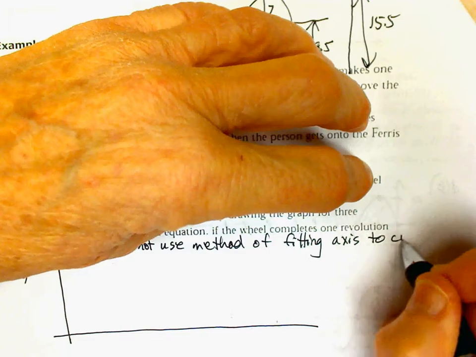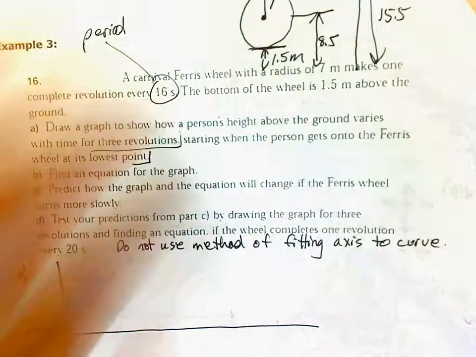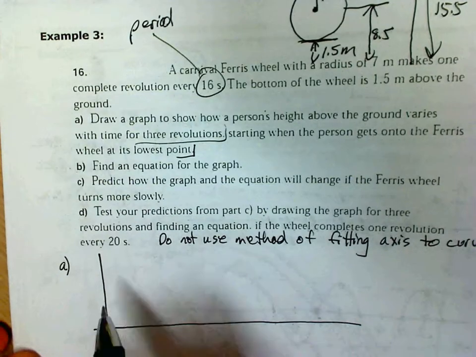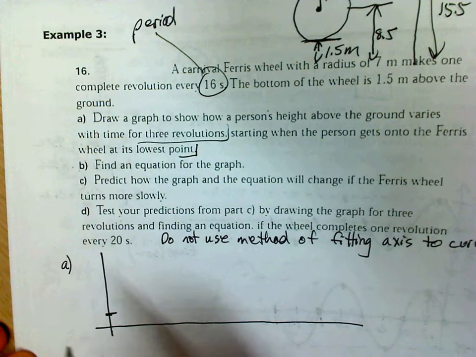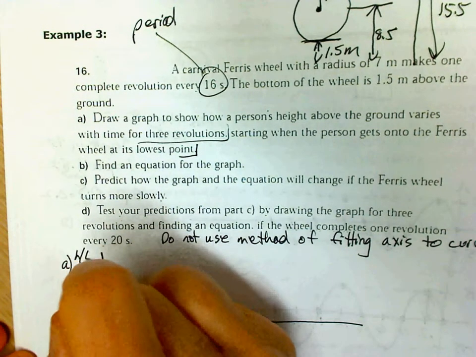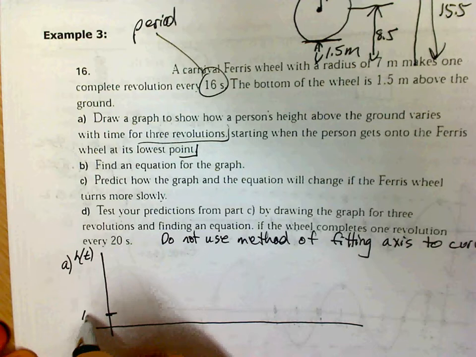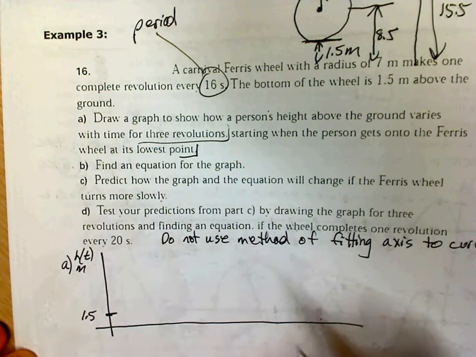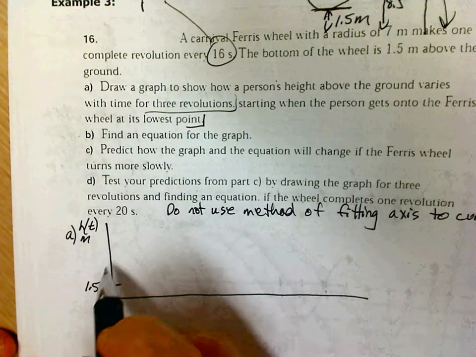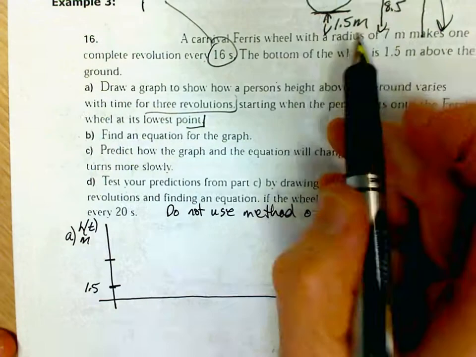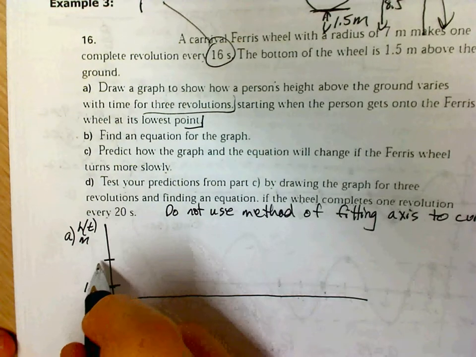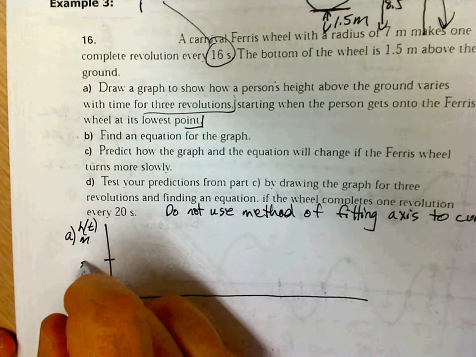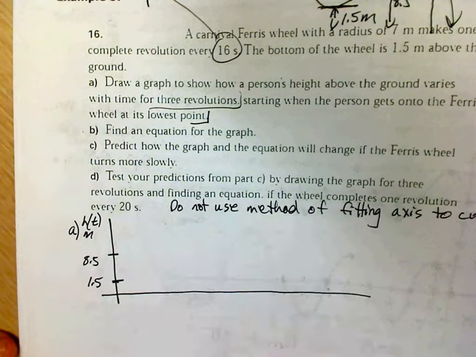So the person gets on at, this is the height with respect to time, at 1.5 meters. So it goes up, the radius is 7, so the equilibrium line would be 8.5. Another 7, the high point would be, maximum height is 15.5.